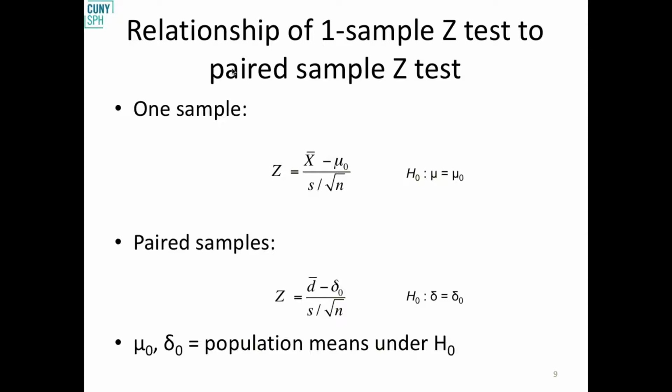If there's no effect of the drug, the difference before and after is going to be 0, right? So really, for a paired samples t-test, all you've got to do is take the differences and compare them to 0. So what are you doing? You're doing a single sample t-test with a comparison to 0, right?